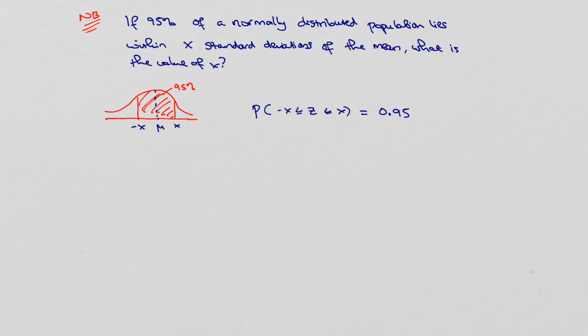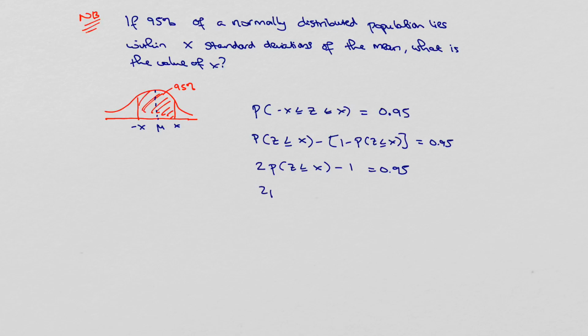Like in the previous case, that can be written as the probability that Z is less than or equal to X minus 1 minus the probability that Z was less than or equal to minus X. In other words, that becomes 2 times the probability that Z is less than or equal to X, minus 1.